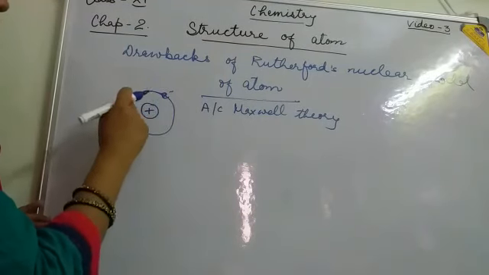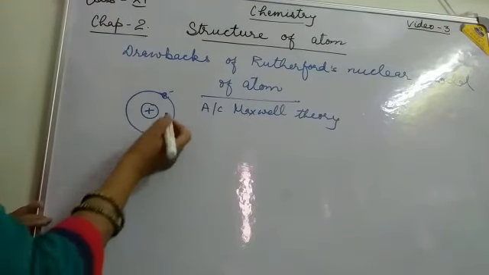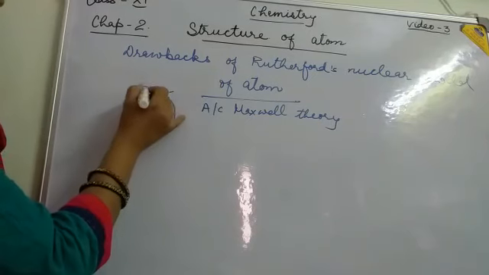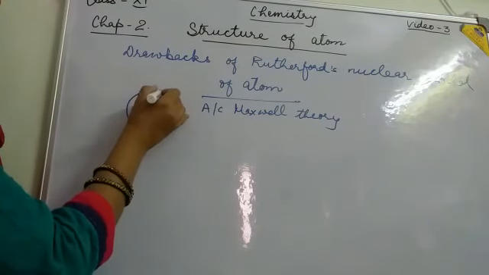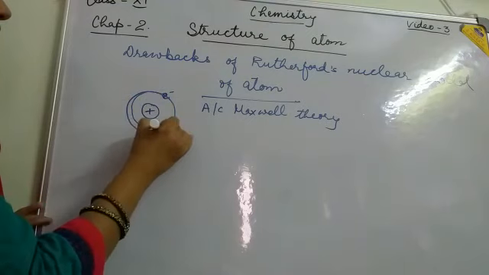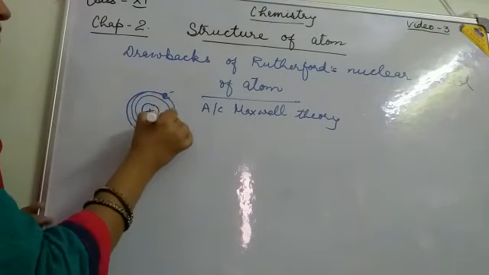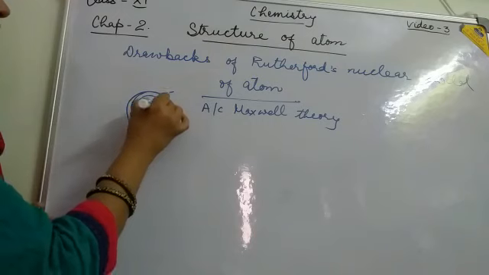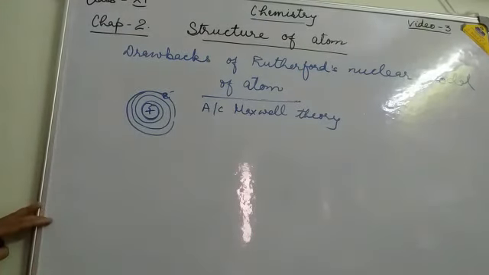Its direction changes due to electrical and magnetic field. And when the direction changes, it comes near to the nucleus and finally falls into the nucleus. In this way, an atom cannot exist.